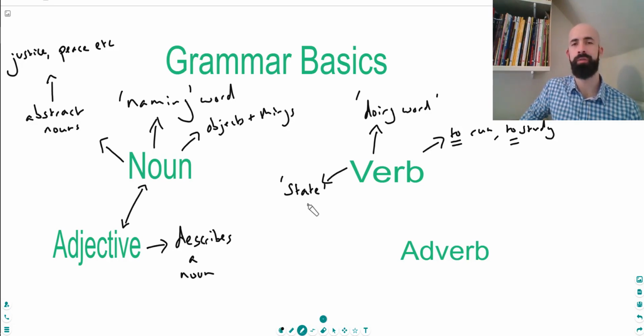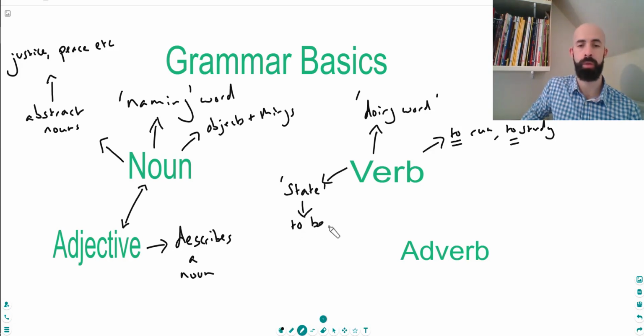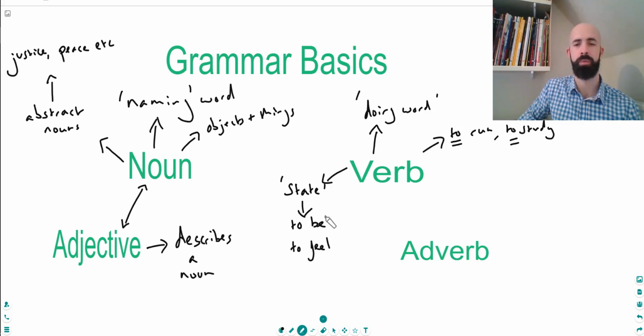And we call that a verb of state because there's no activity going on, but there is still a verb in that sentence. So the verb to be is probably the most common verb in the English language, the most common verb in most languages. And it's actually a verb of state, it's not a doing word. We've also got one or two others as well. To feel is another good one. If you say, I feel tired this morning, are you really doing anything? Not as such. It is a verb of state. So it's also important to be able to identify verbs of state as well.